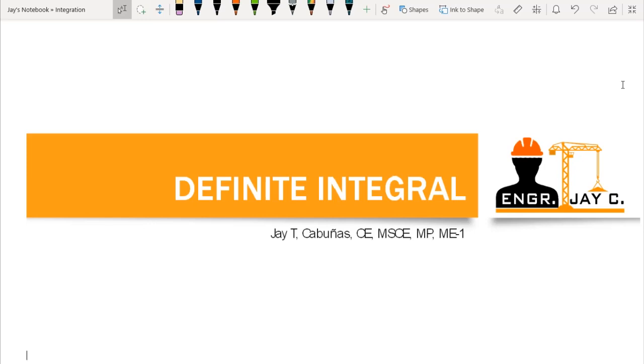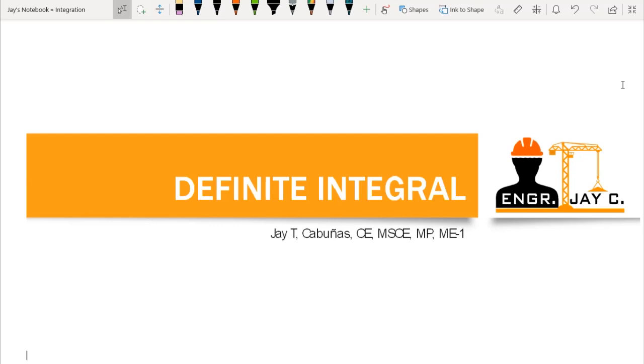So we do not have yet a definite answer to that particular function, whereas in definite integral we have a definite answer. Our answer here is an exact number. We don't have a variable in this one.